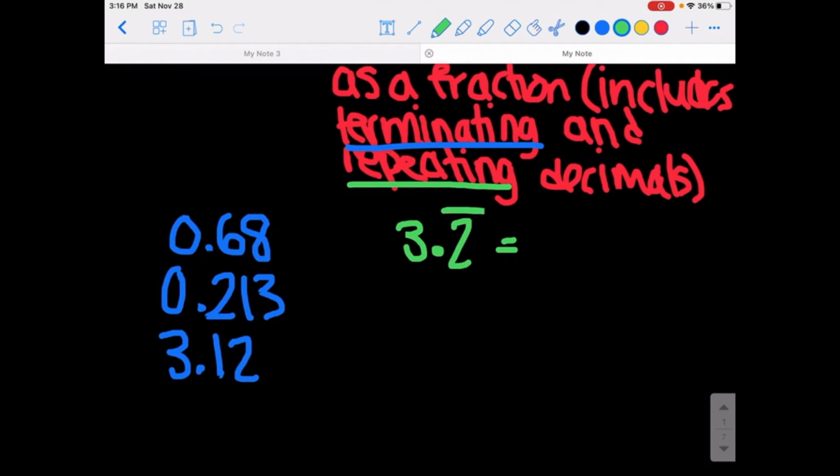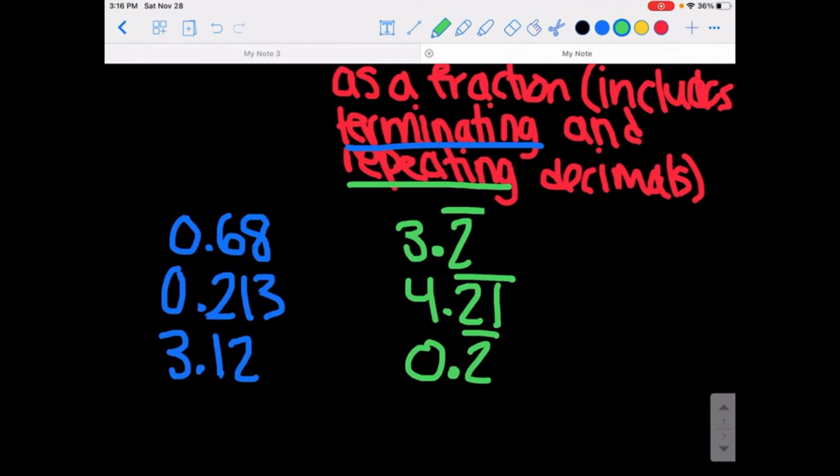I know a 1 is not going to appear after five 2s. There's a pattern. Same thing goes with 4.21. If I put a line on top of 2 and 1, it's going to be 2, 1, 2, 1. That really means 4.21212121.